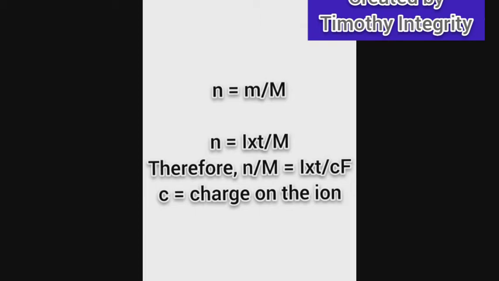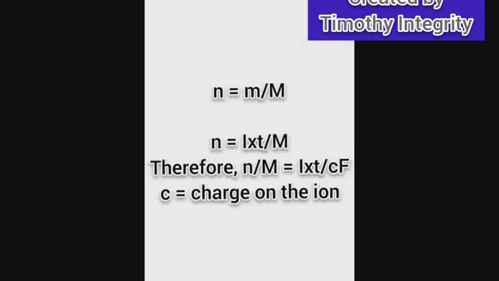We see that n, which is the number of moles of electrons, is equal to m, that is mass over molar mass, which is also equal to quantity of electricity, or It, over cF. Here c is the charge on the ion, and F is Faraday, which is 96,500. This formula is very important for us when we start solving some problems.